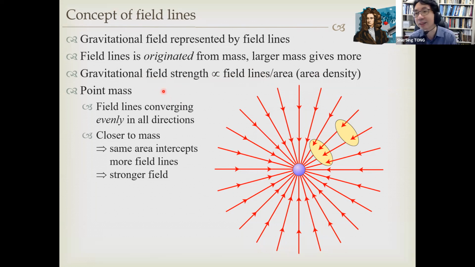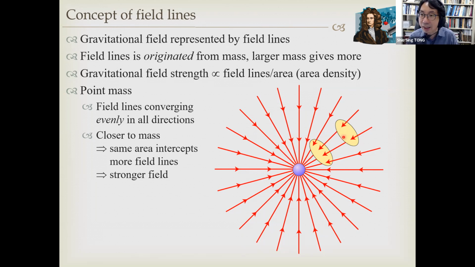Now, how to understand it? Suppose at a certain distance from the point mass, I have a small area. This circular disc is small. Imagine this is a small area. When I place this small area perpendicular to the field lines, I would intercept some field lines, right?